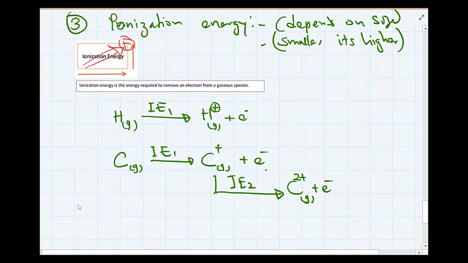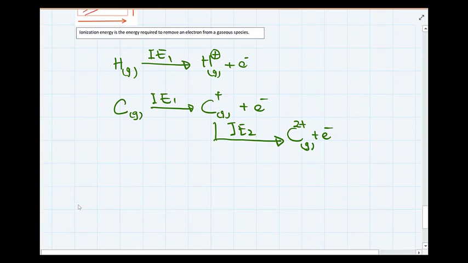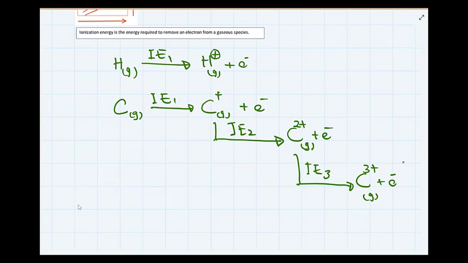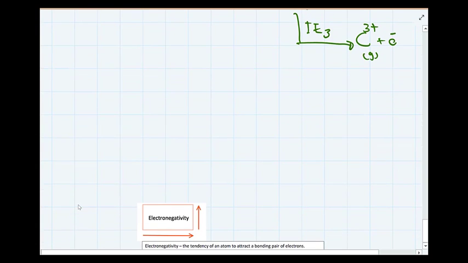We can go on: ionization energy 1, ionization energy 2, ionization energy 3. As long as you have electrons, we can remove them and label them as ionization energy 1, 2, 3, and so on, right? So we need to know all of these patterns, and I will do a few more questions based on that.